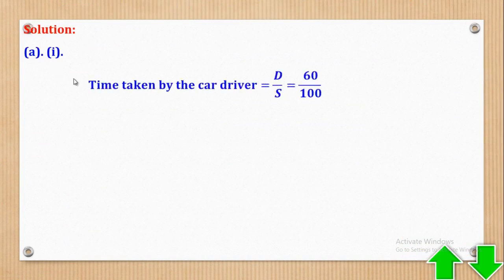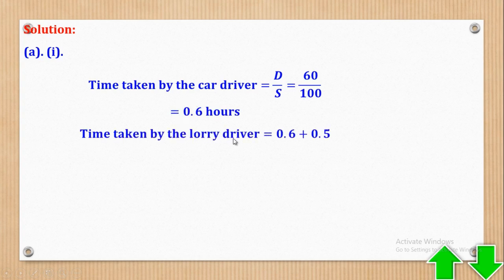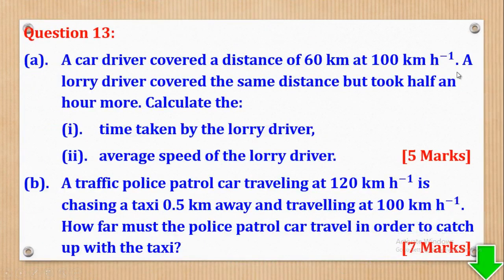So for Roman 1, the time taken by the car driver will be equal to distance over speed. The distance was 60 kilometers and the speed was 100. Therefore it will be 0.6 hours. Now, they told us that the lorry covered the same distance but took half an hour more.